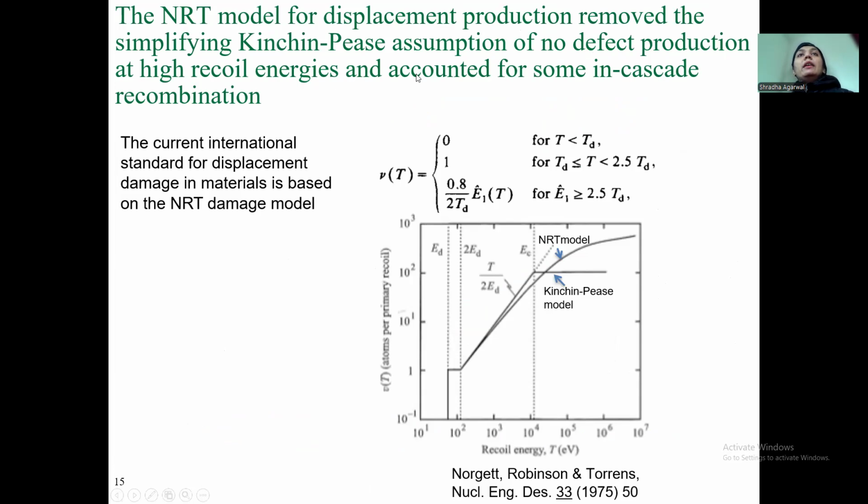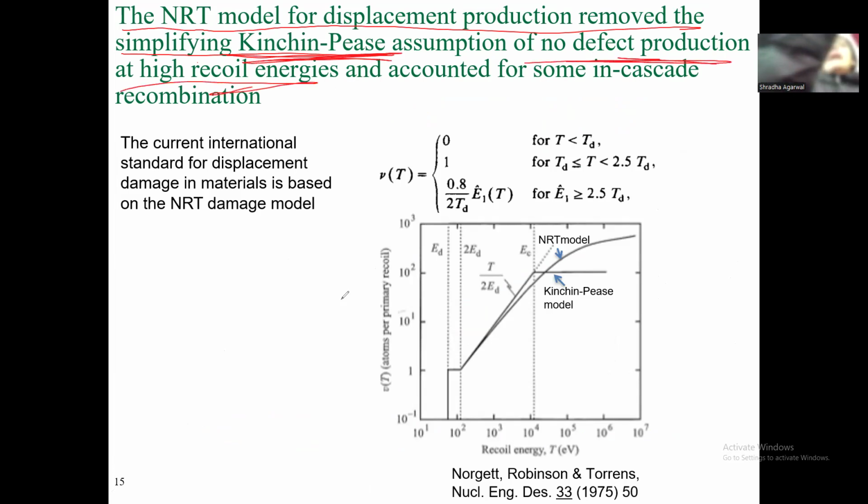Now, what is the NRT model? It removed the simplifying Kinchin-Peace assumption of no defect production at high energy and accounted for some in-cascade recombination. So what is happening, guys? The one that we just did was Kinchin-Peace, where you had this kind of thing in the beginning, from here to here, 2 ED, there is only one collision.